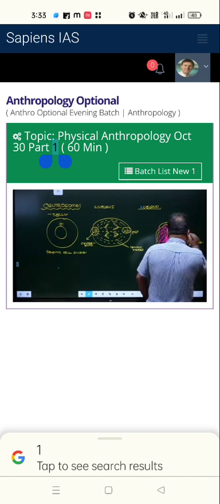This is the intermembranous space. And this is the nuclear pore.